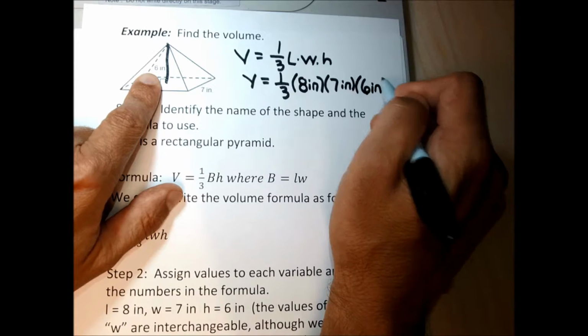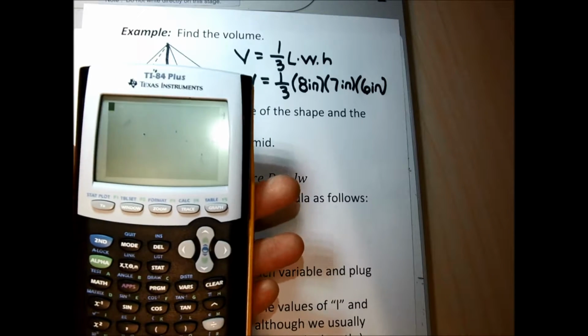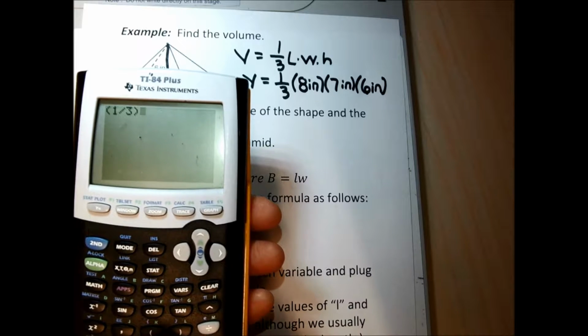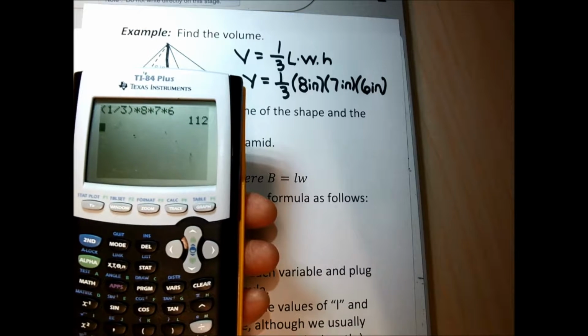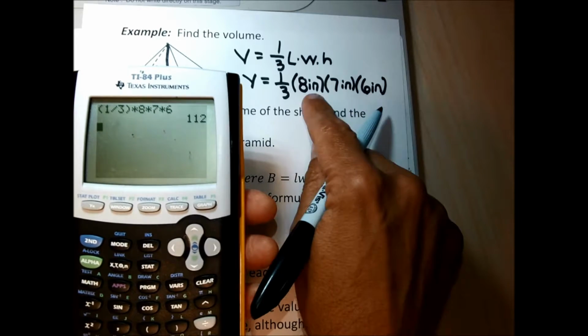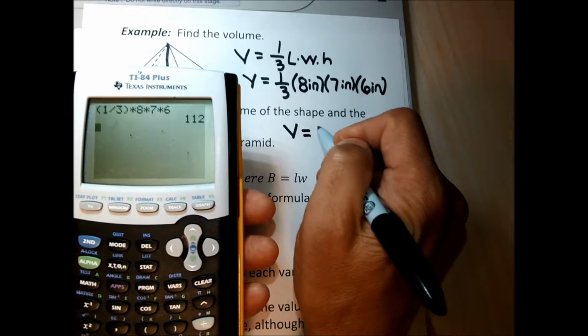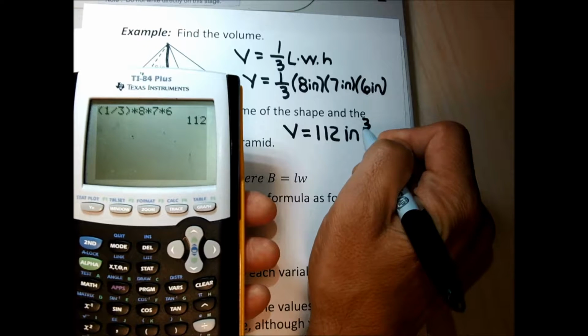I'll do this on my calculator without the units: 1 divided by 3, in parentheses, times 8 times 7 times 6. That gives me 112, but because it's volume, I need units. The units are inch times inch times inch, so the volume V is 112 inches cubed.